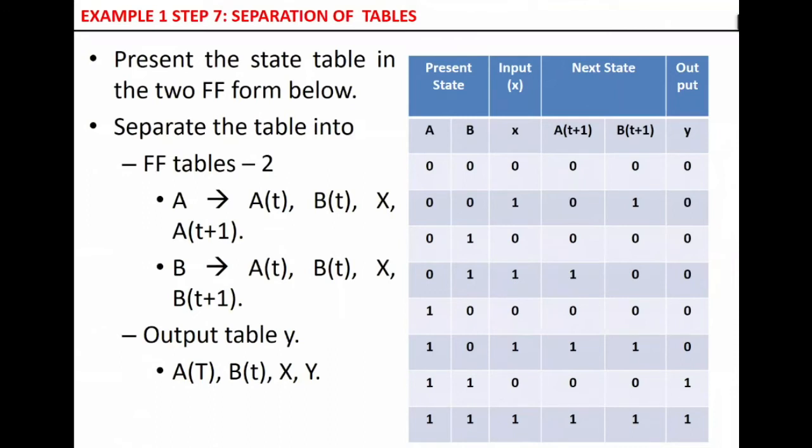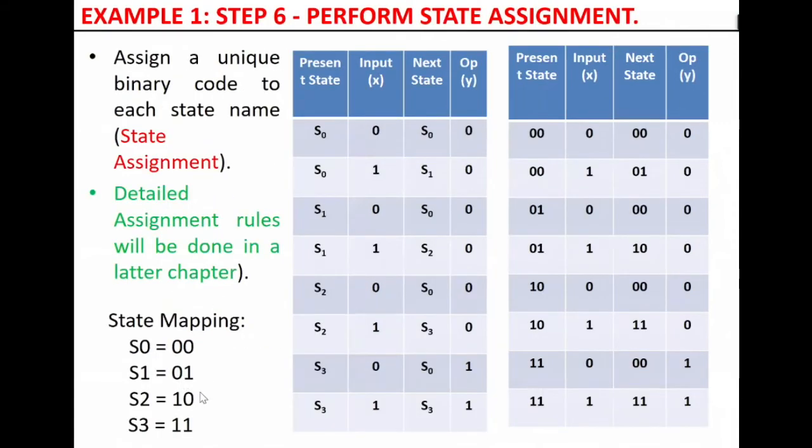Ashlyn, I said there is a way of coming up with the binary assignment. We will look at it later. But if you have 2 states, you don't need any assignment. One will be 0, another one will be 1. If you have 4 states in binary, obviously the only combinations you have are 00, 01, 10, 11. So those are all the combinations for 4 states. There are different ways, but these are the common ways of mapping.